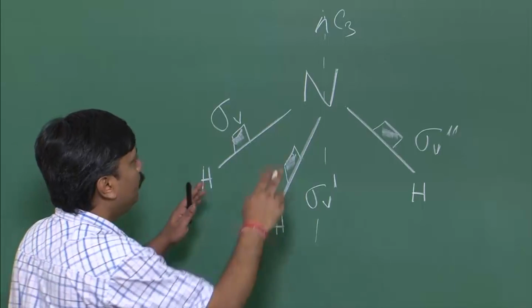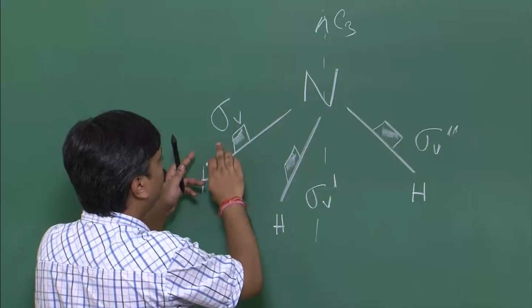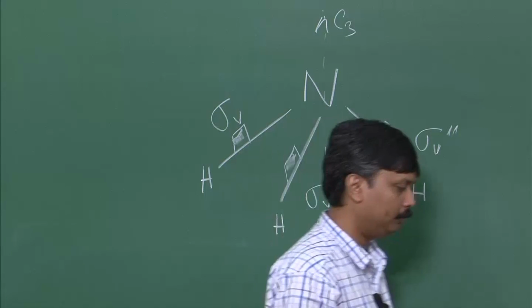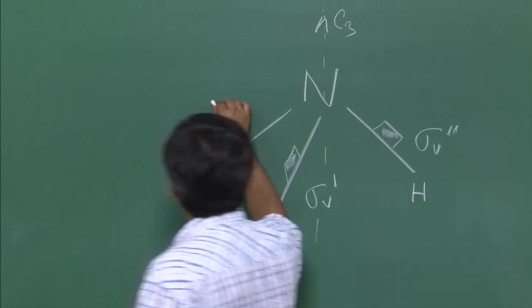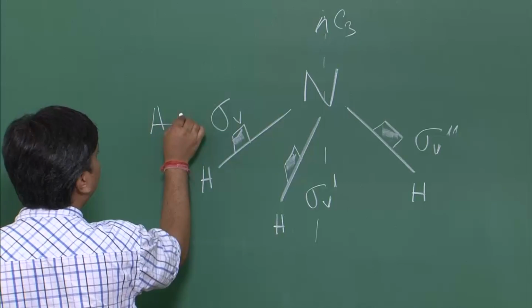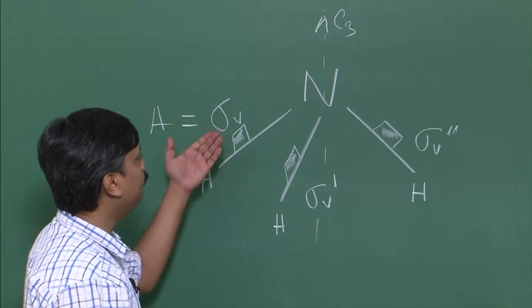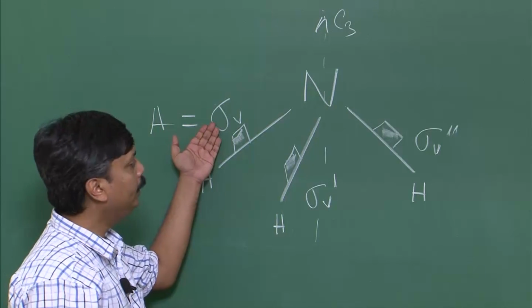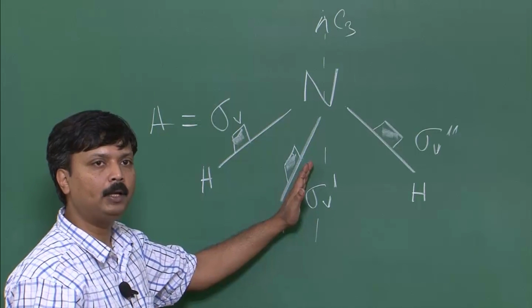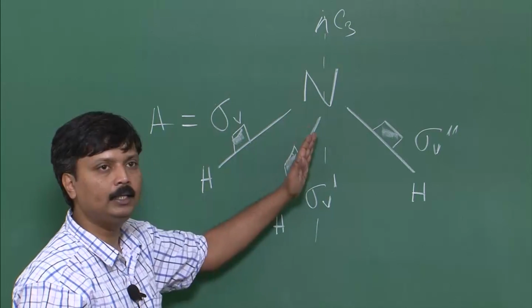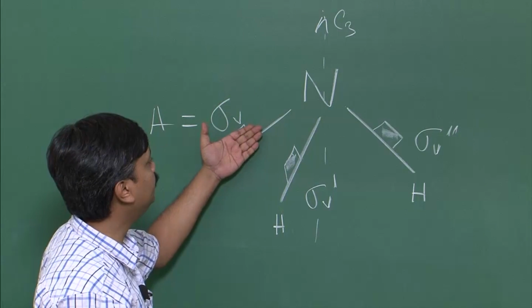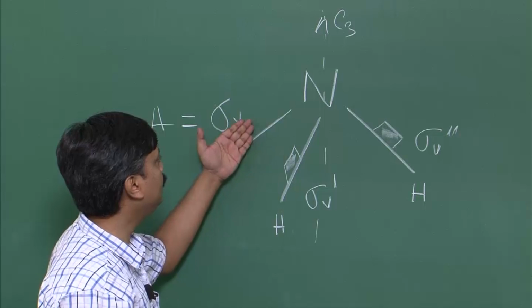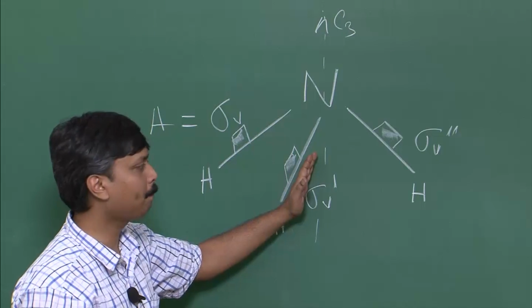So, now if I have two elements in general, say I have an element first A, which I will call sigma V. So, sigma V is my A. Now, if sigma V can be transformed into sigma V prime by an operation, which here is clearly C3. So, if I operate C3, this plane is coming here. So, sigma V is coming to sigma V prime.